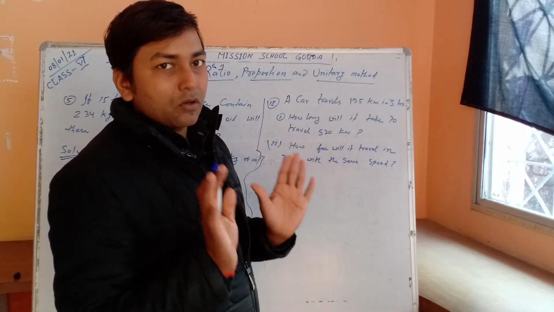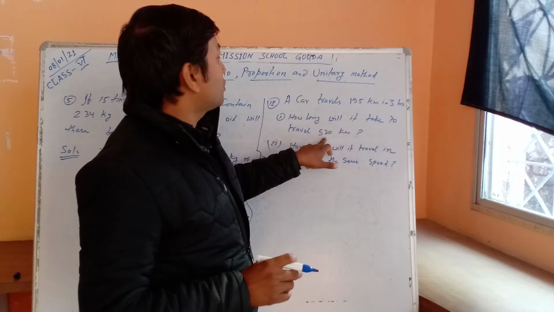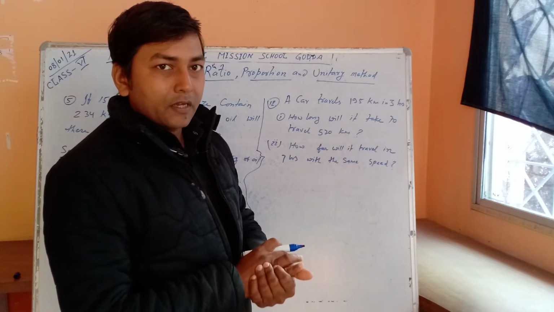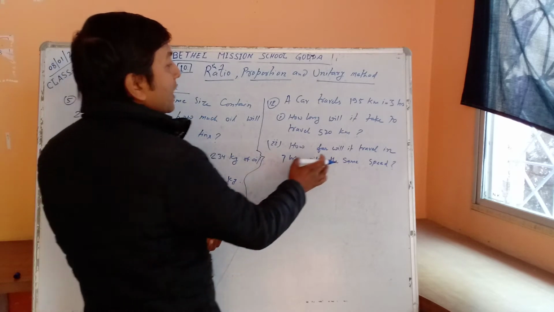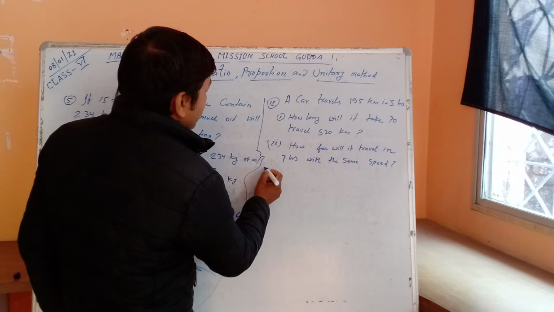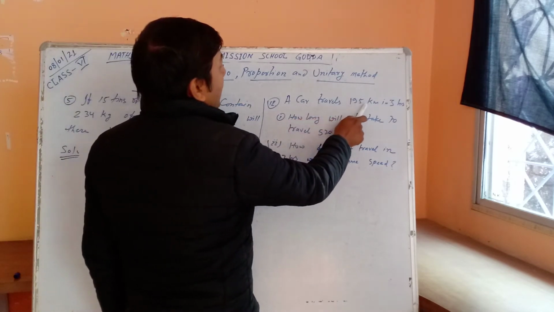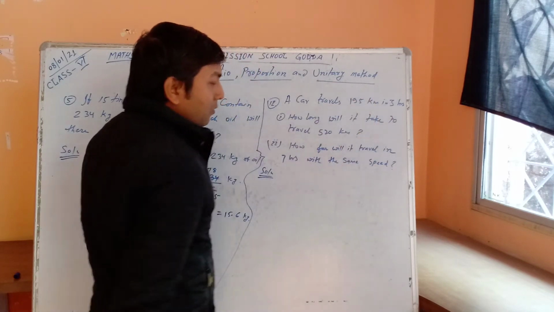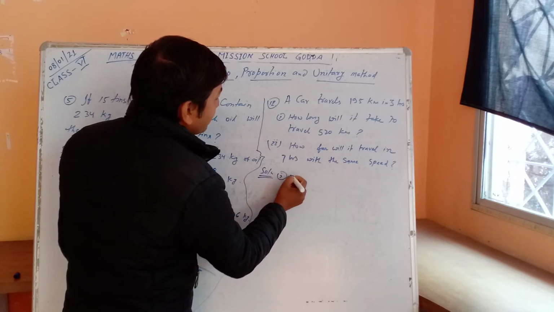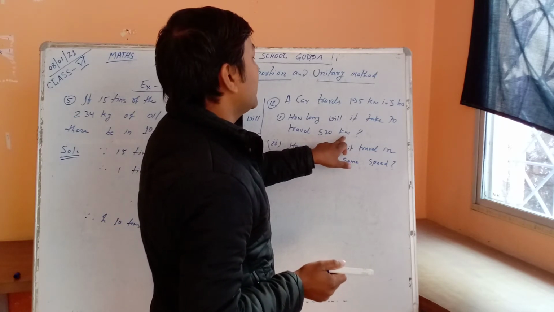The first part asks how long it will take to travel 520 kilometers, and the second part asks how far it will travel in 7 hours with the same speed. Now the solution. 195 kilometers in 3 hours. For the first answer, how long will it take to travel 520 kilometers?